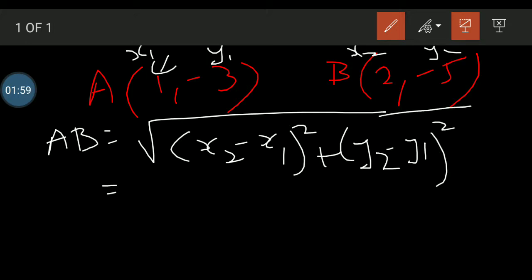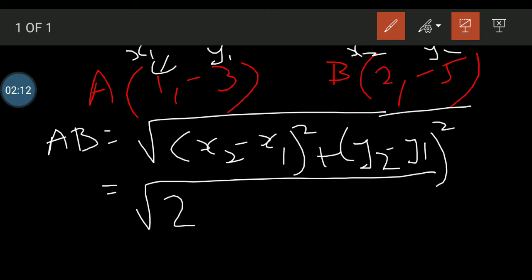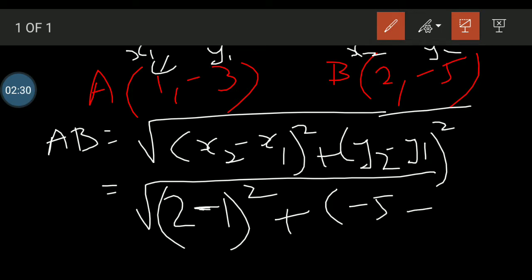Correct? Let's substitute here. What is the value of x2? x2 is 2. So 2 minus x1, which is 1, whole square, plus y2, which is minus 5, minus y1, which is again minus 3.